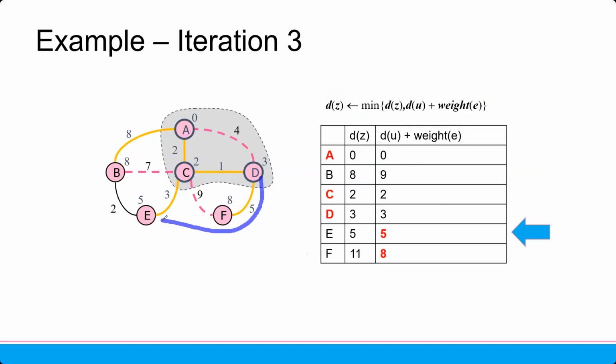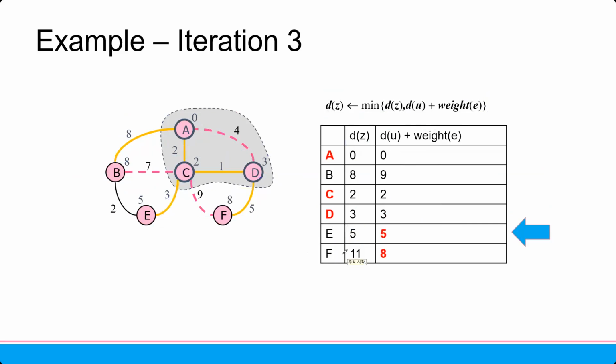At the previous one, we have the distance equals to 5. So we set the A to E is 5 because we are going from A to C to E. But is there any path from A to D to E? There is no path. Okay.